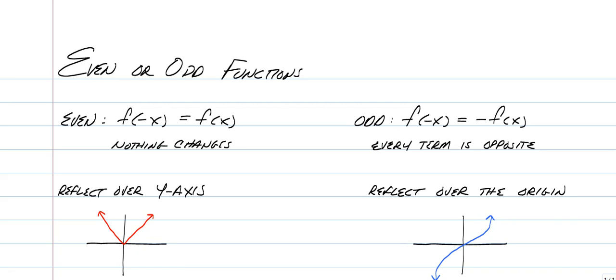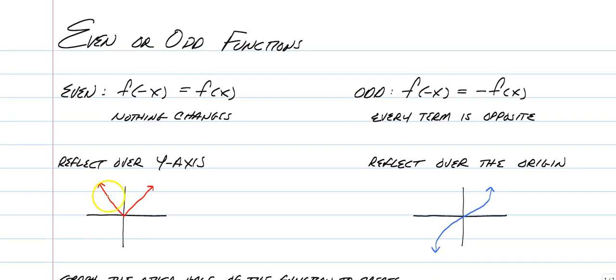So an even function means if you substitute a negative x into the function, it's going to give you the exact same thing. Nothing happens. So that means graphically it will look like a reflection over the y-axis. An odd function means if you substitute in a negative x, every term of your original function is now opposite.